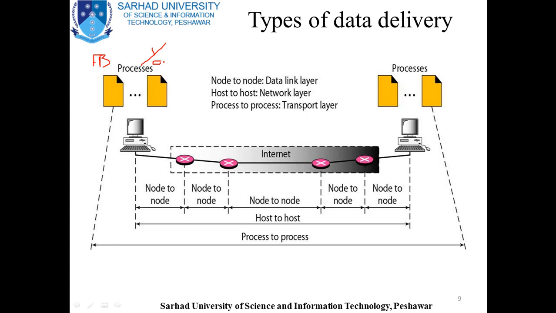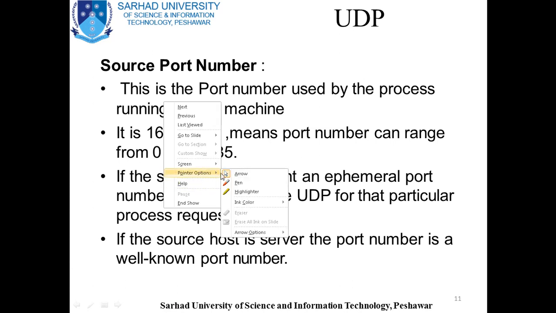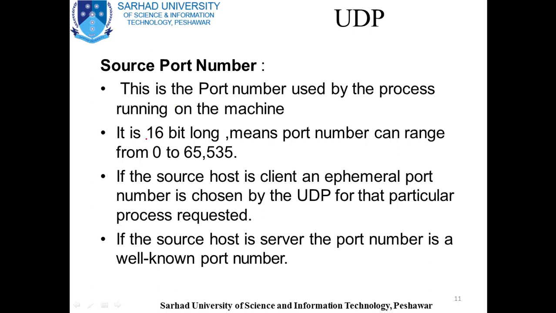Let's say this process is using port 1, and this process is using port 2. So this is the source port number that is assigned by the machine to the process. And this port number is 16-bit long.